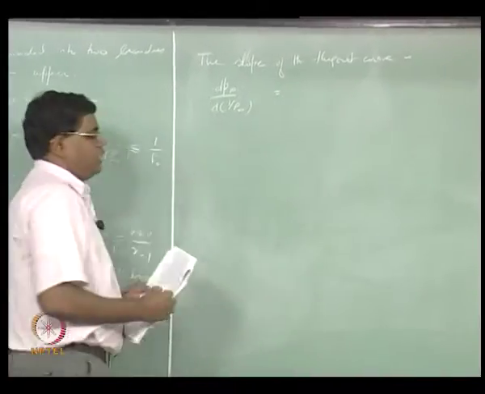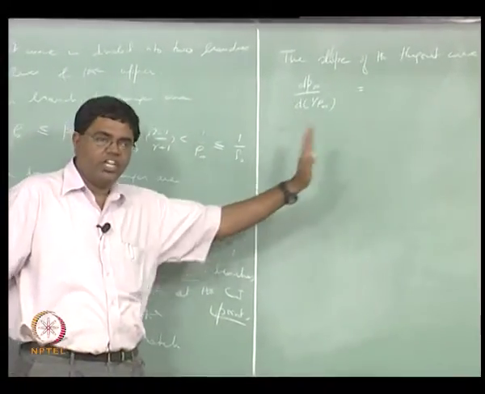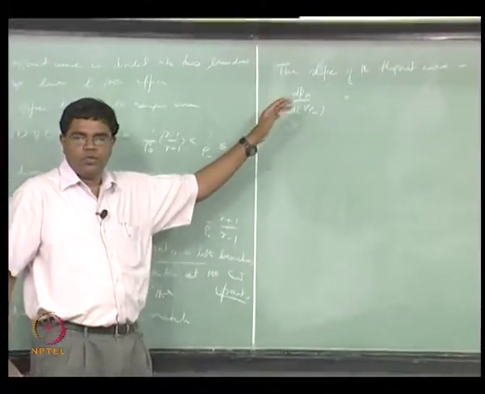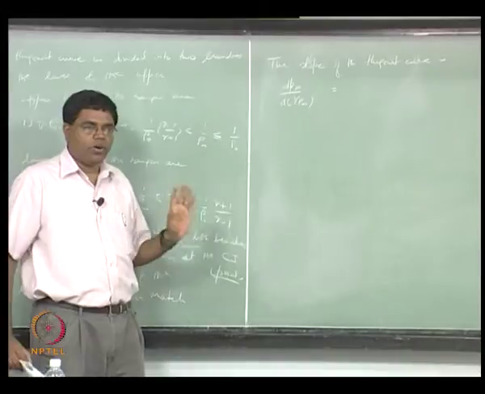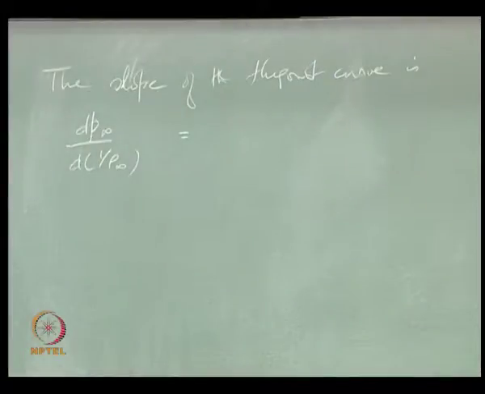This is something that you can obtain by simply differentiating the Hugoniot curve with respect to 1 over rho infinity, right. So wherever you are getting a p infinity, you differentiate that with respect to 1 over rho infinity.